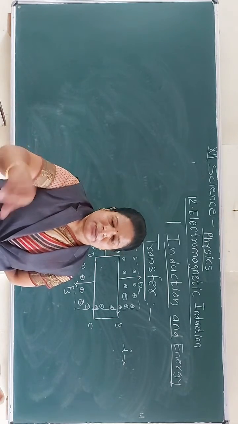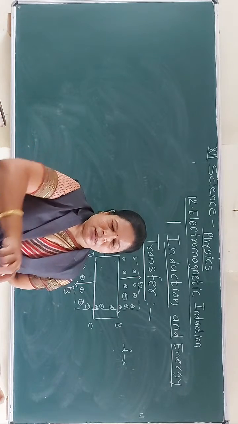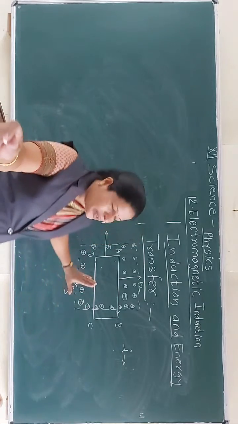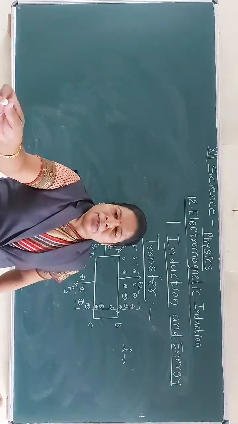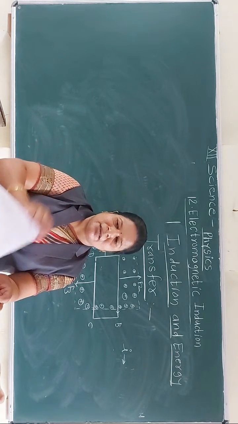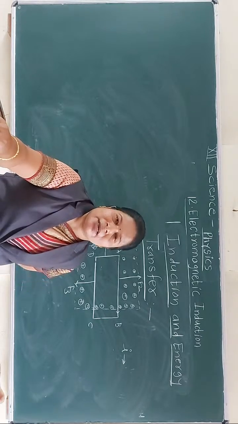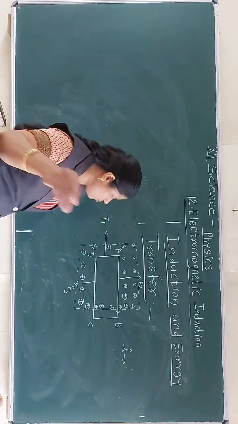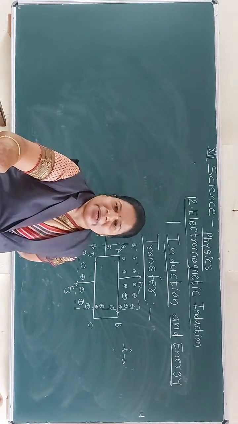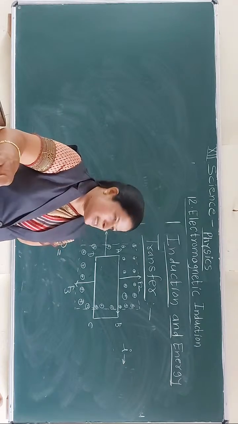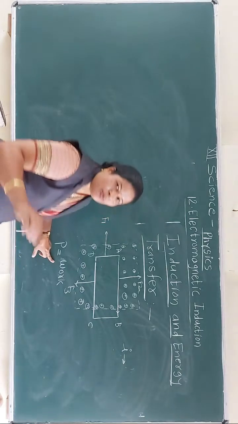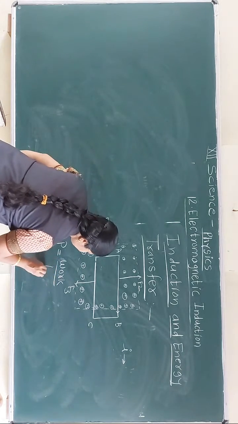So we get the rate of work done on this loop, P, is equal to work divided by time.